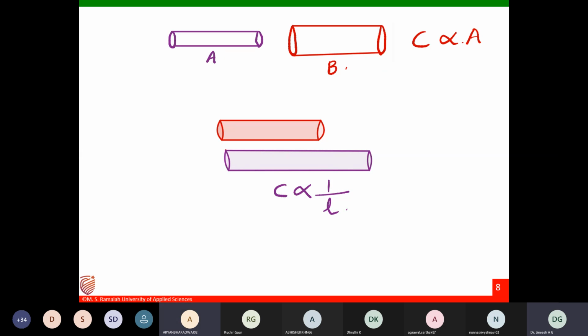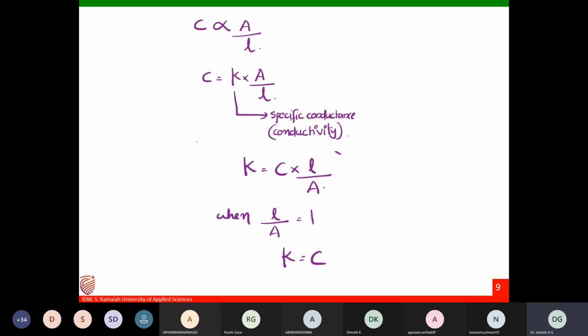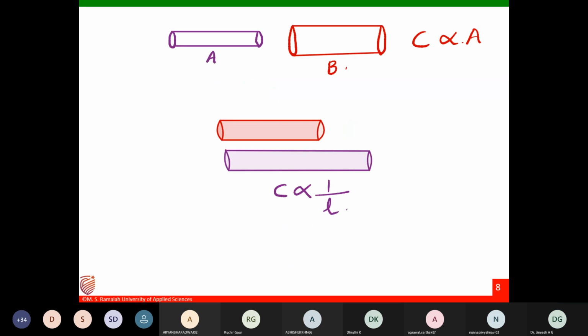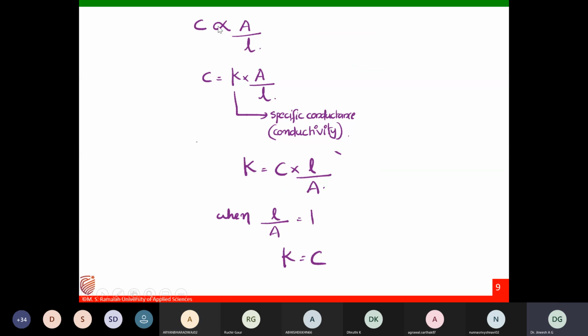Got my point? Now I am combining these two equations. C is directly proportional to A, and C is directly proportional to 1 by L, or inversely proportional to L. Combining them, C is directly proportional to A by L.